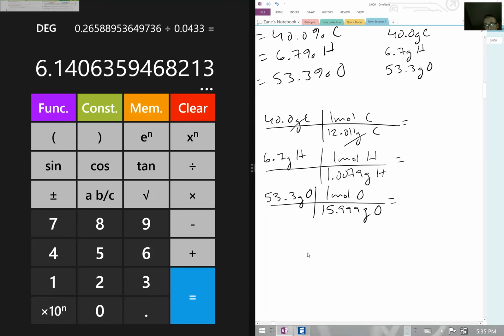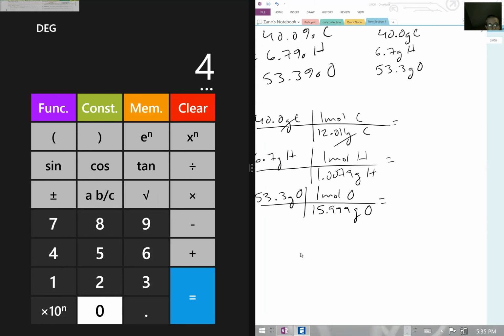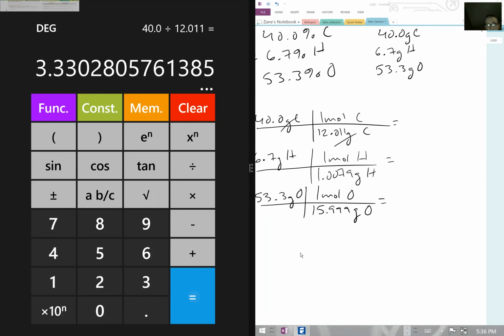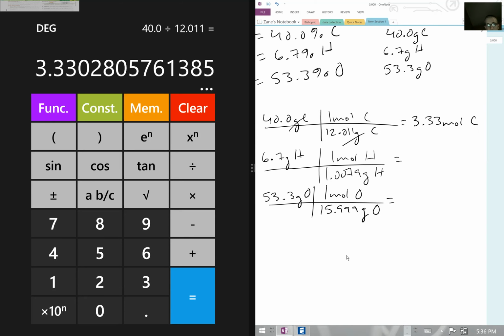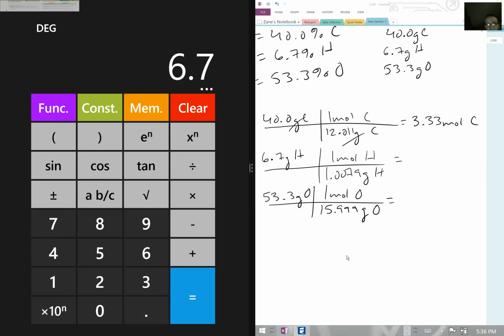Okay, I'm going to type in 40.0 grams divided by 12.011 grams per mole for carbon, and I get 3.33 moles of carbon. Next we have 6.7 grams of hydrogen divided by 1.0079 grams per mole of hydrogen.